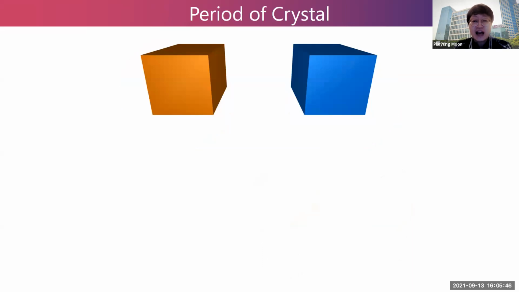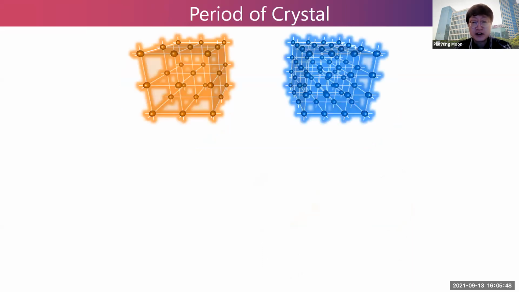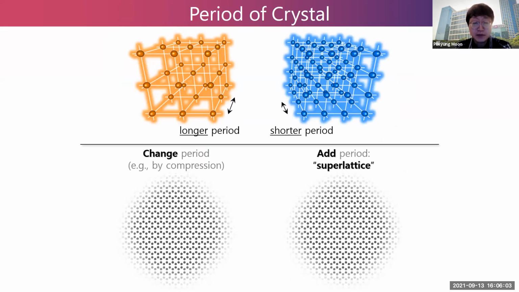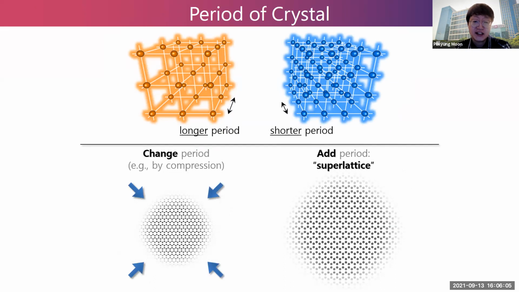Some materials have a very long period, while some materials have a shorter period. There have been various approaches to control the physical properties by controlling the lattice period. For example, we can change the entire period by compressing the system.